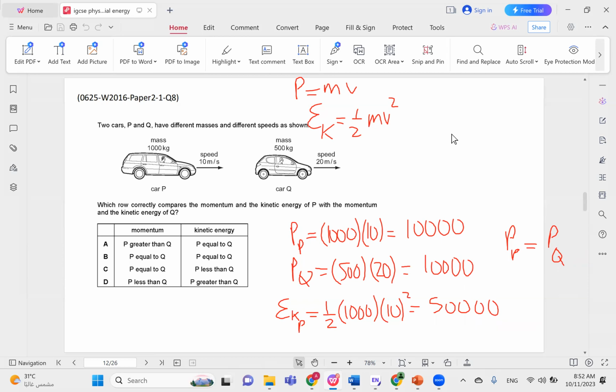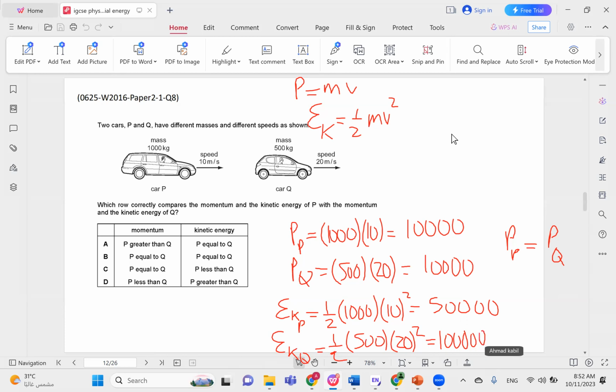Kinetic energy of Q is equal to half times the mass of Q, which is 500, times the speed of Q, which is 20 squared. And we calculate this. And that gives us 100,000.